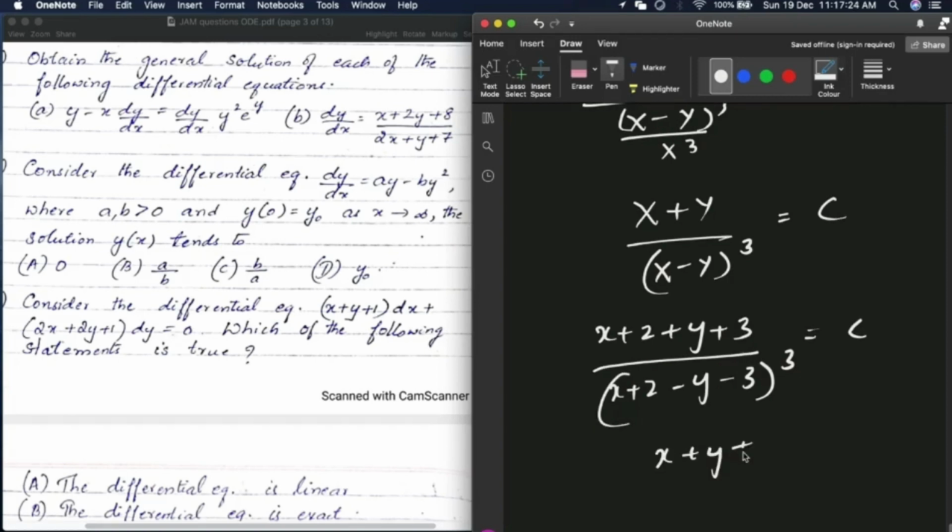So your solution is (x plus y plus 5 by x minus y minus 1) whole cube is equal to C. My God, such a lengthy part.